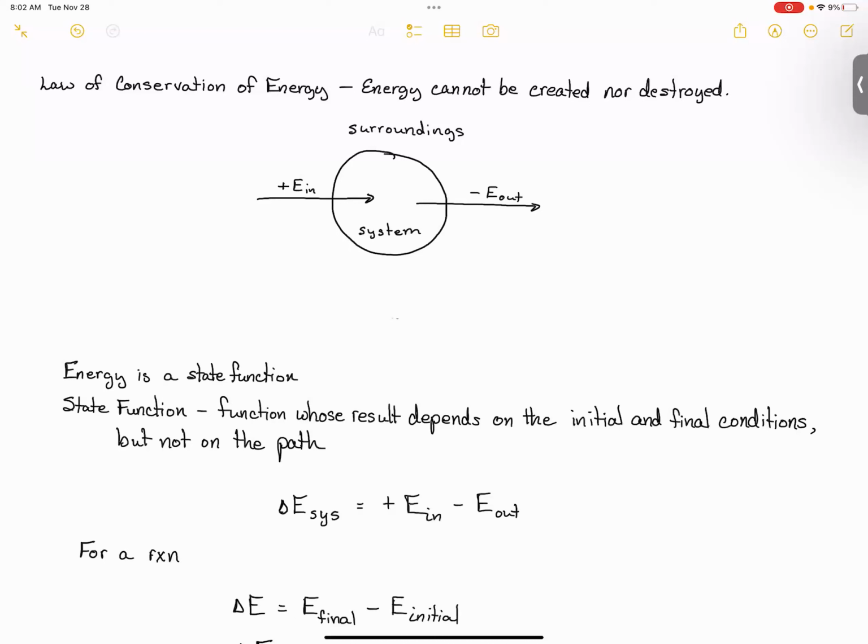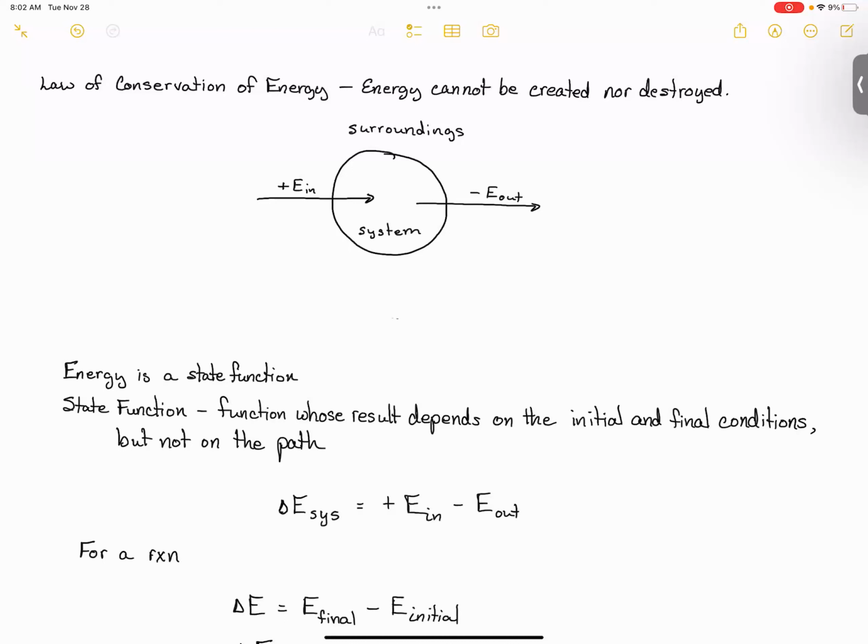Energy is a state function. Basically, what it means to be a state function is it's a function that depends only on the initial and the final conditions. It does not depend upon the path that you take to get from the initial conditions to the final conditions. Therefore, the change in energy of our system is going to equal the energy that went in minus the energy that went out.